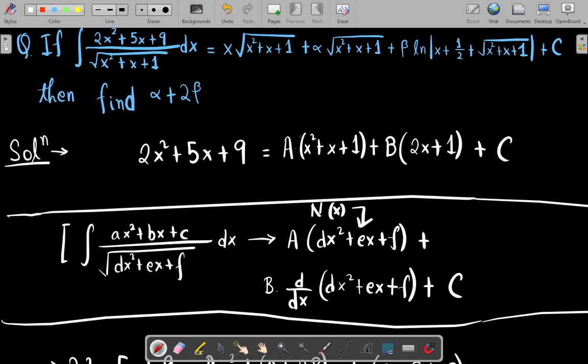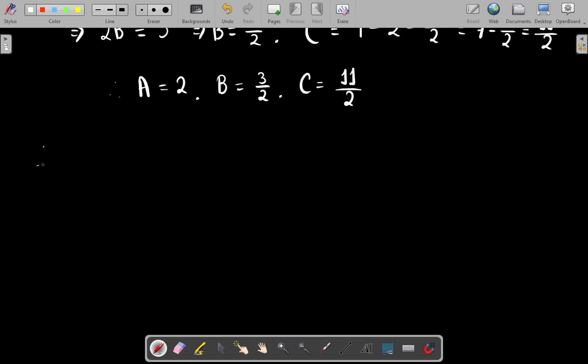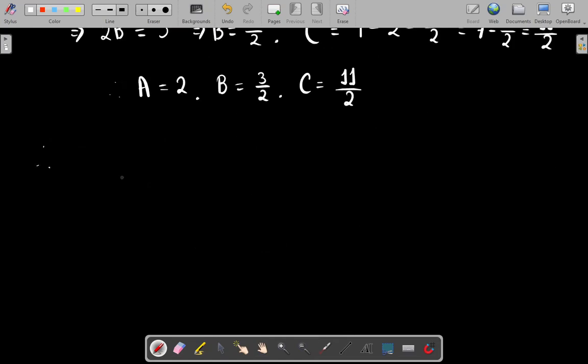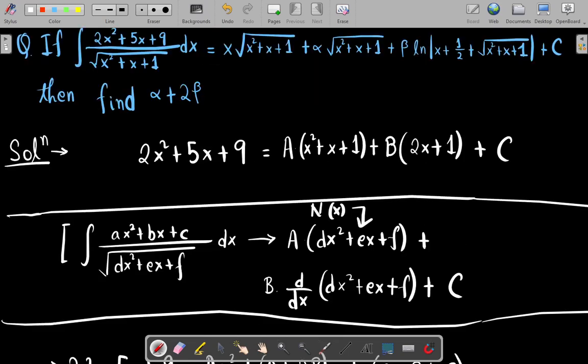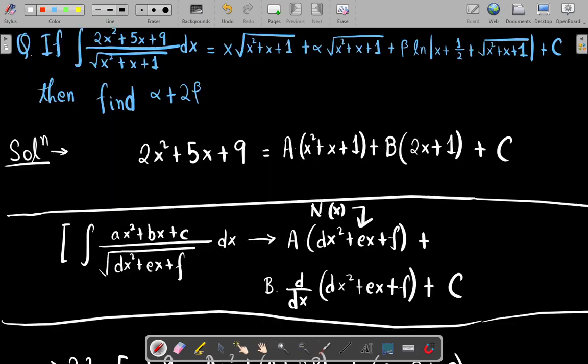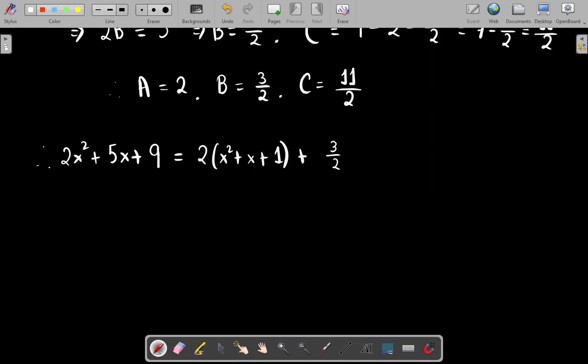Now let us try to solve for this integral. Our expression was 2x² + 5x + 9, so we have 2x² + 5x + 9 equal to 2 times (x² + x + 1) plus 3/2 times (2x + 1) plus 11/2.